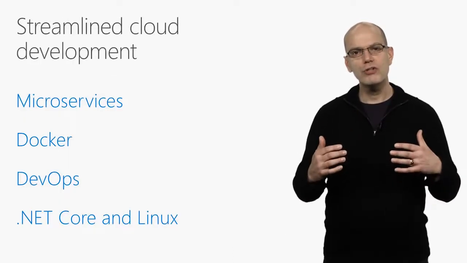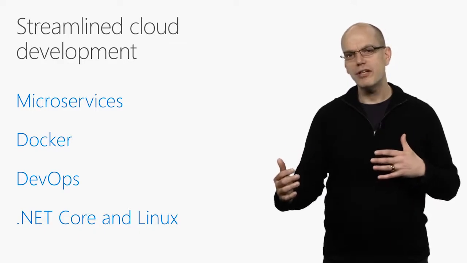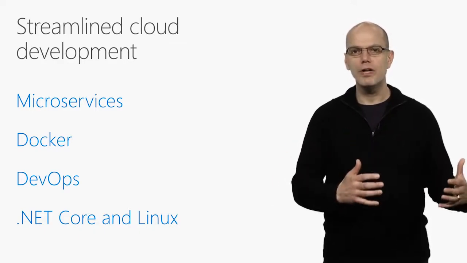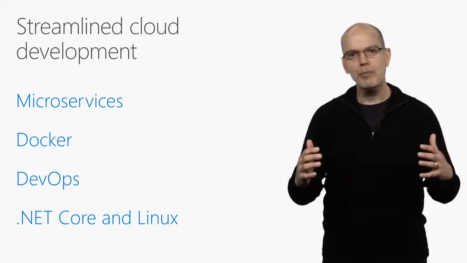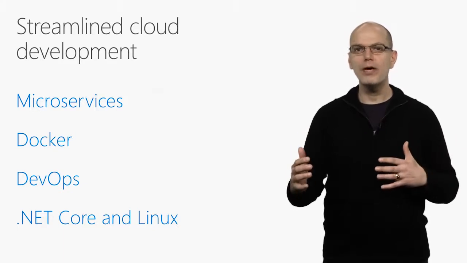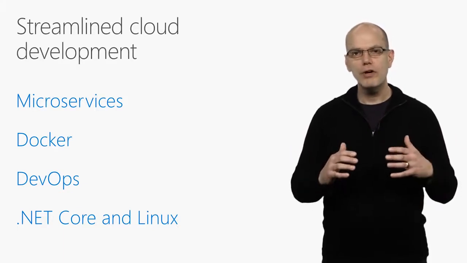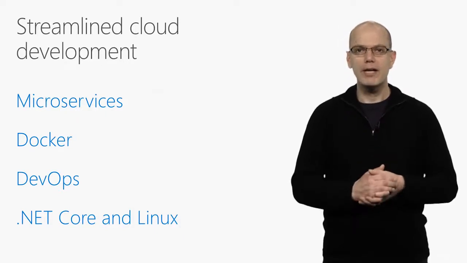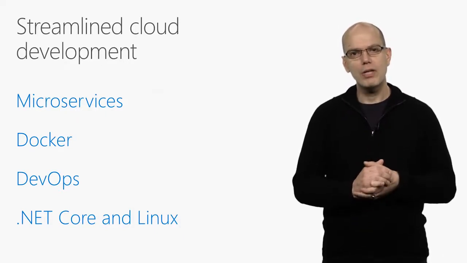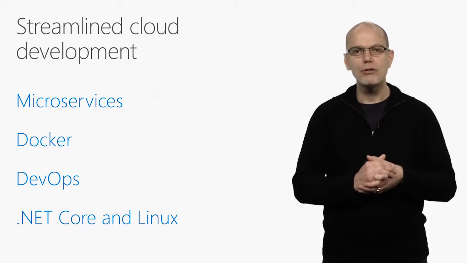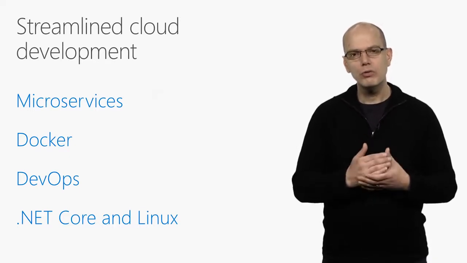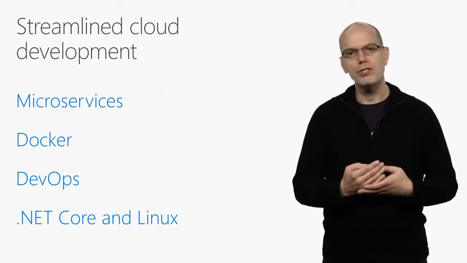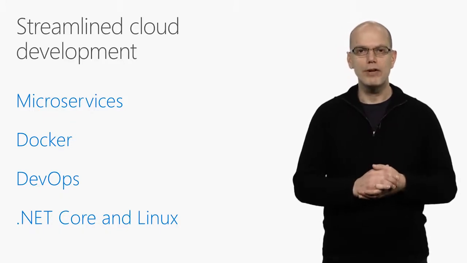Just as the cloud changes how we can do mobile device testing, the cloud changes how we develop software, from the architecture patterns we use, to how we deploy and update applications, to the development processes we use. Even if you're not using a public cloud like Azure, the learnings about how to do cloud development will have an impact on how you develop software. Visual Studio 2017 will make it much easier to bring these practices into your development.